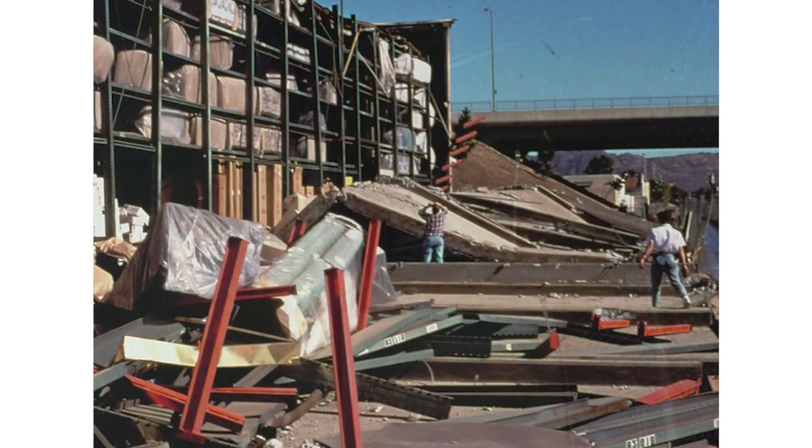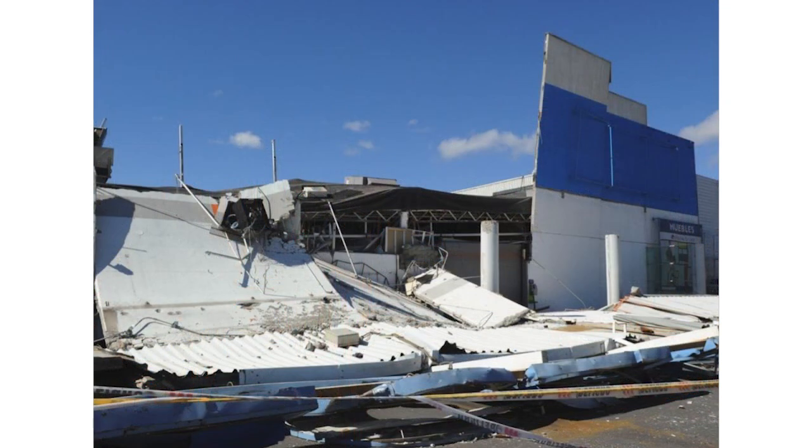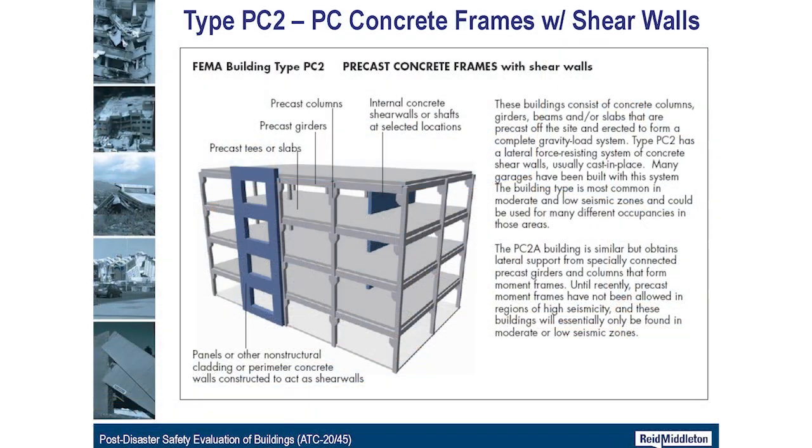Other things to look for, here's some concerning cracking at this pilaster protruding from the wall supporting this wood beam. Some more failure of tilt-up walls out of plane, unsafe condition, obviously from the exposure to wind there.